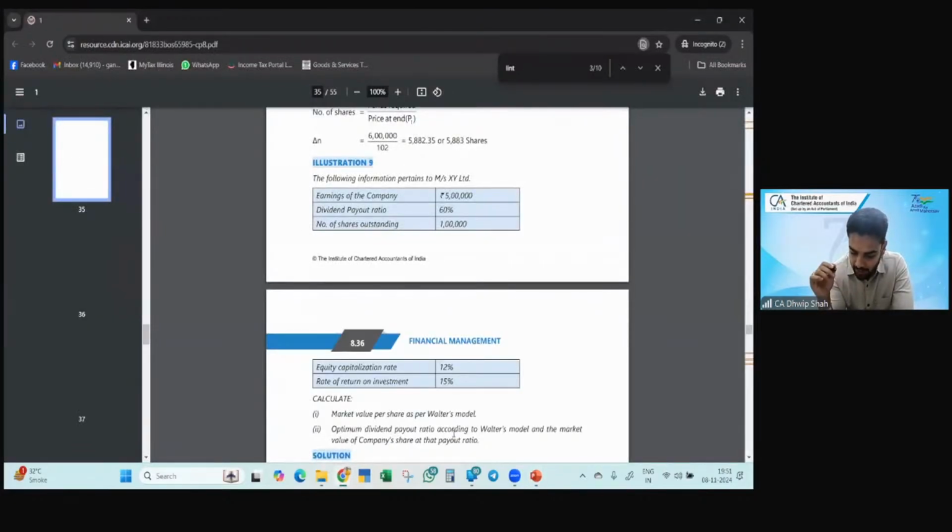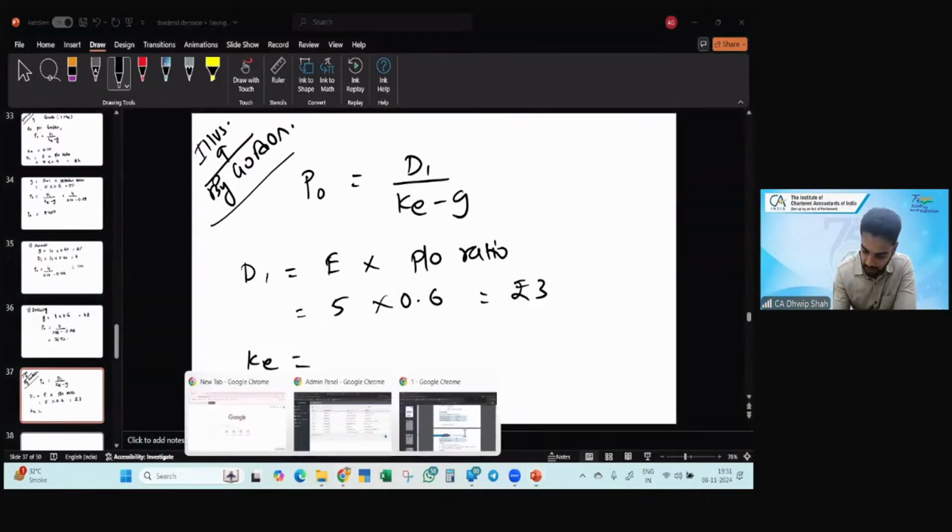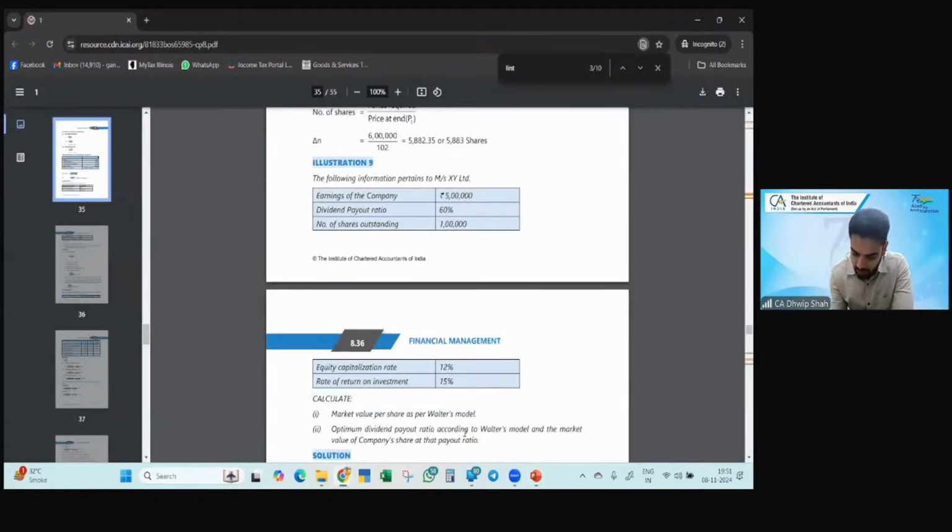Earnings per share was rupees 5 and payout ratio is 60%, which is 0.6. So dividend comes to 3. KE is given in the question, KE is 12.